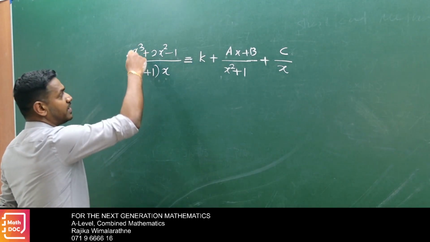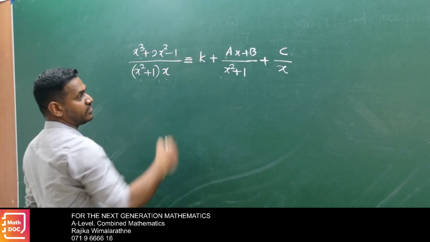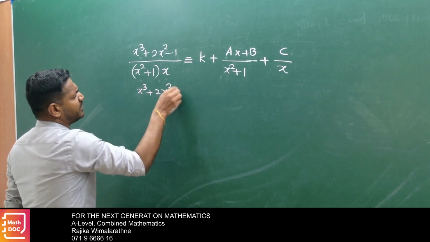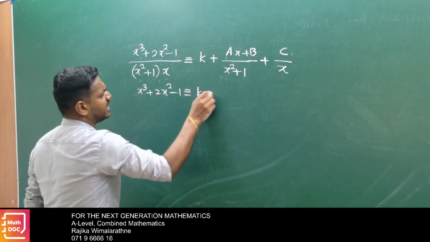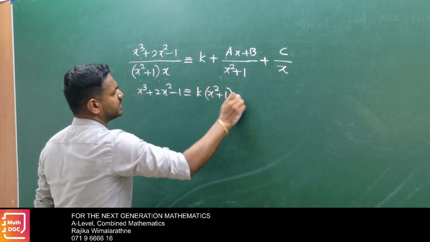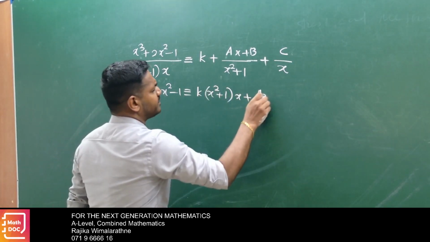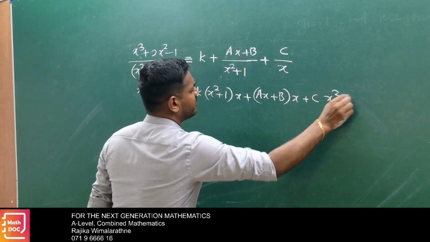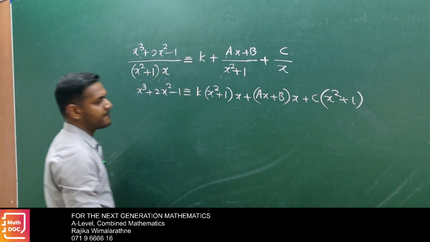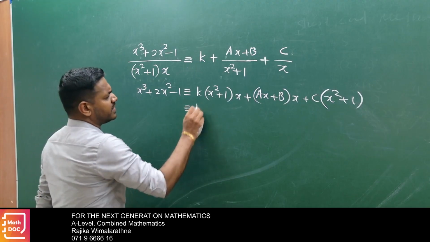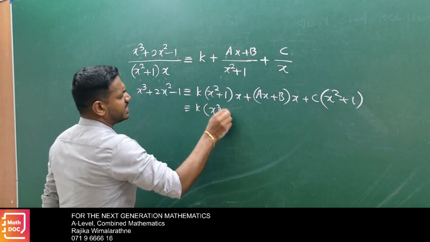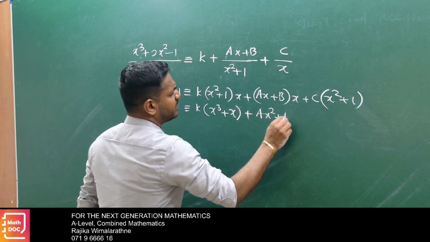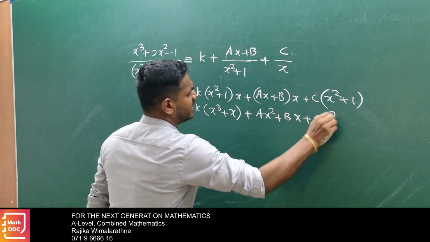Here numerator power 3, here power 2, then quotient degree 0, 1. x cube plus 2x square minus 1 identical to k times x square plus 1 times x, plus ax plus b times x, plus c times x square plus 1. Now k times x cube plus x, a times x square plus bx, c times x square plus 1.